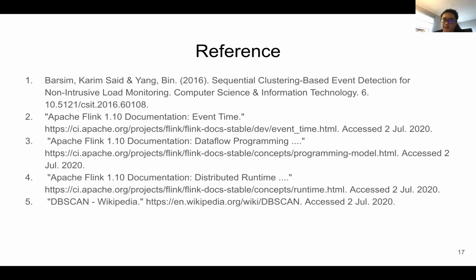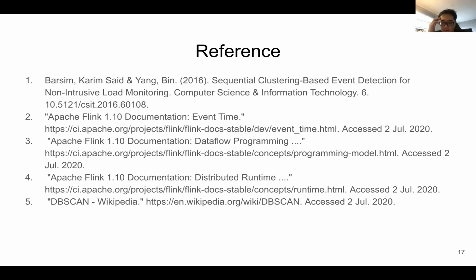But moving on, these are the references that we have. I think the most important reference is the first one, the paper by Barstim, Karim, and Young Bin, which talks about sequential clustering-based event detection for NILM. The reason this is important is that it's actually the motivation behind our own solution.